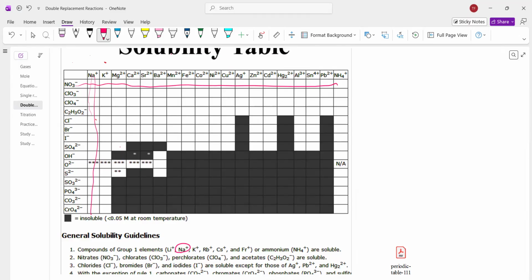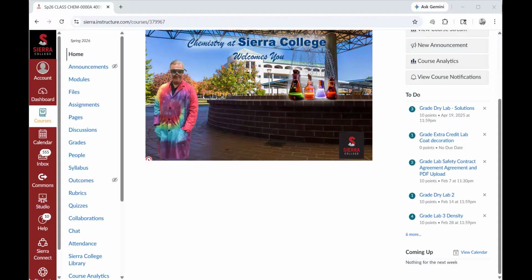Okay, so I'm going to stop this and show you in Canvas where it's located. The last page of the lab packet has the rules, but not the chart that I put together. If you want to use the chart for today's lab, just pull it up on your phone or your laptop or a tablet.